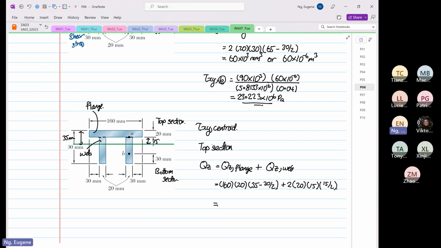So this will be equal to 35 minus 20 divided by 2, times 20, times 160, which is equal to 80 times 10 to the power 3, plus 2 times 20 times 15 times 15 divided by 2, which is equal to 4500, or 4.5 times 10 to the power 3.